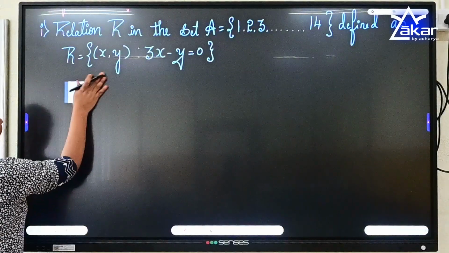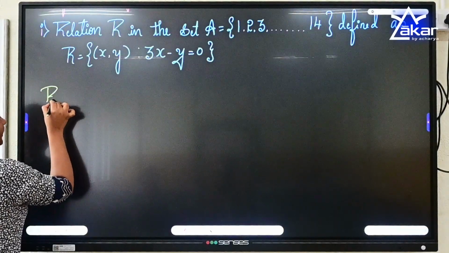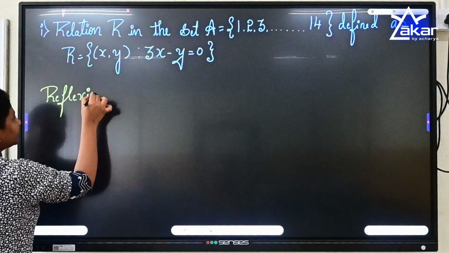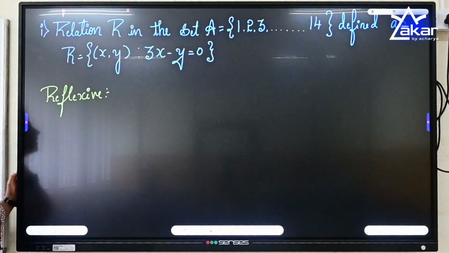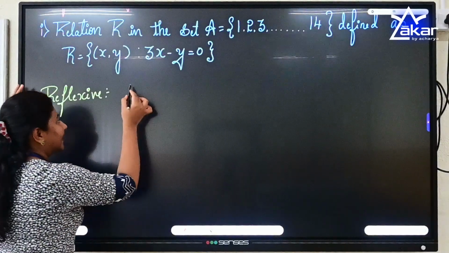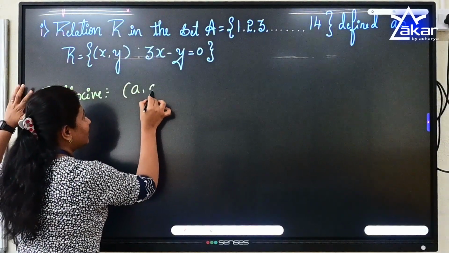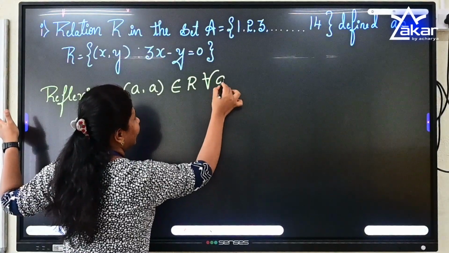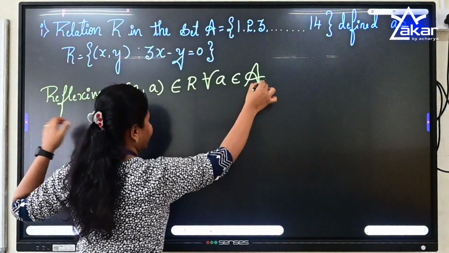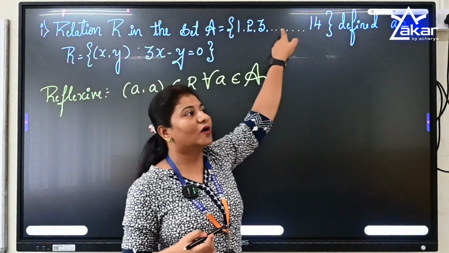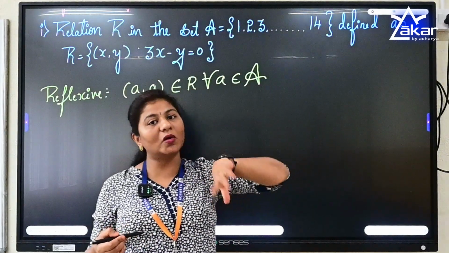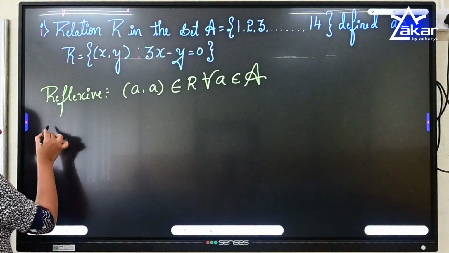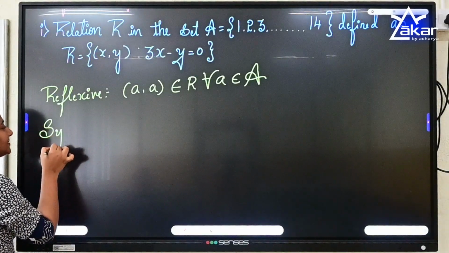The properties, or conditions, are: first one, reflexive. We need to prove whether it is reflexive or not. The condition for reflexive is (a, a) belongs to R for all a belongs to A. It means the set of given elements should each be related to themselves, then only we can call it a reflexive relation. The second condition is symmetric.